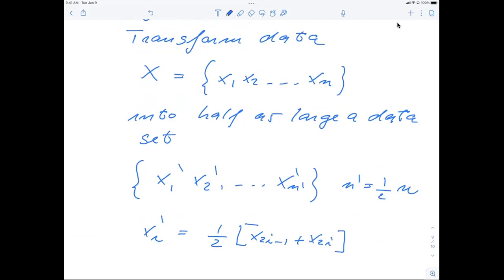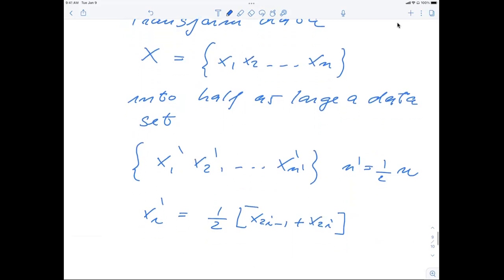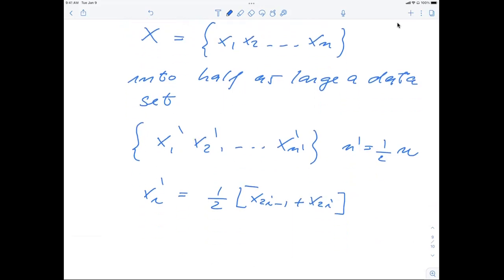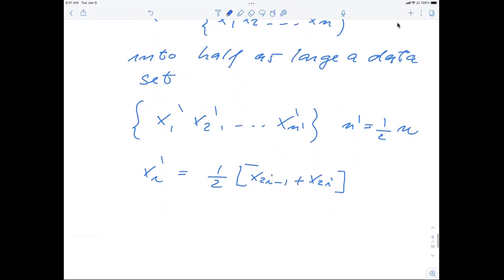So what we're doing now is, instead of like in Bootstrap, where we would pick randomly the data set, we are now regrouping the data by taking neighboring data points. And that defines a new variable. So the information is not lost. And one of the things you will observe here is that mu prime, when we calculate the mean value, should be just the same as the previous one.